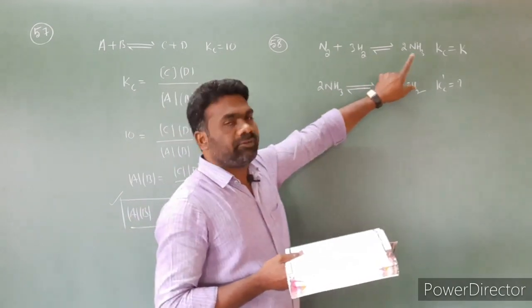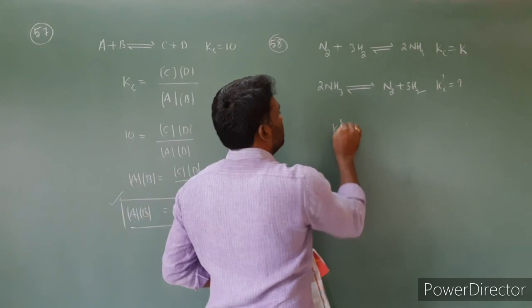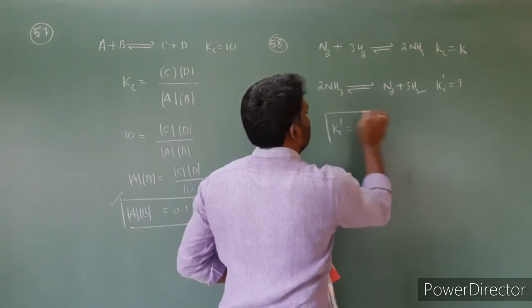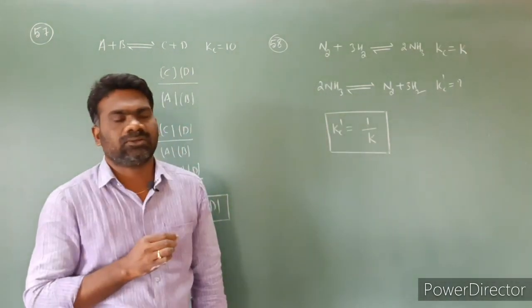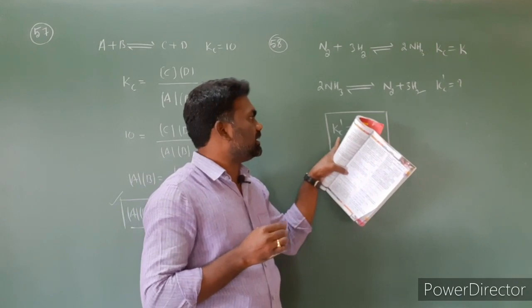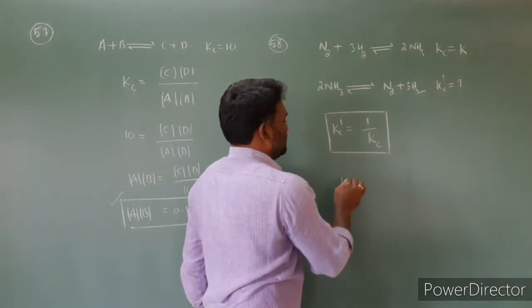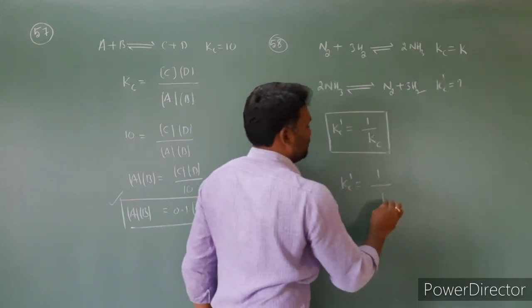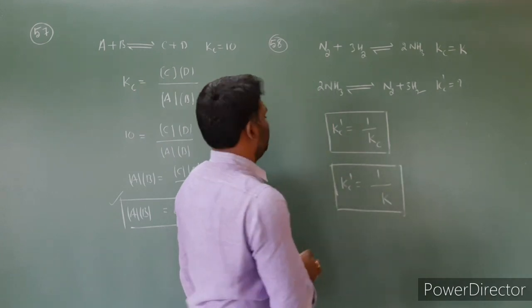When the equation is reversed, the relationship between Kc and Kc dash is: Kc dash is equal to 1 by Kc. Then Kc dash is equal to 1 by Kc, and Kc is given as K, so 1 by K. So this is the answer for question number 58.